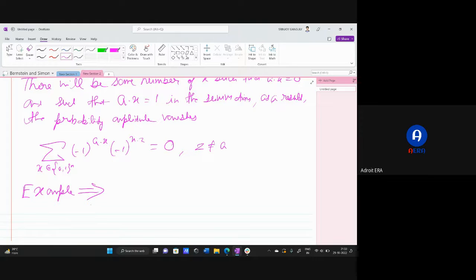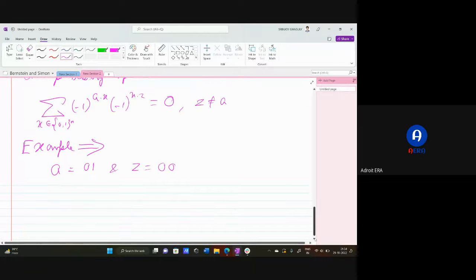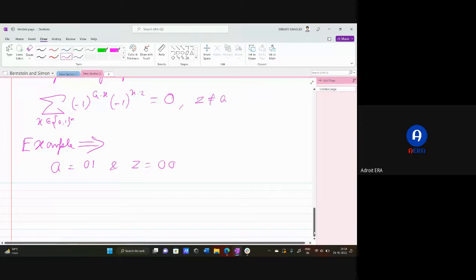Let's say a is 0 1 and z is equal to 0 0. So basically we are searching for 0 1, but z turned out to be 0 0. So what will happen?